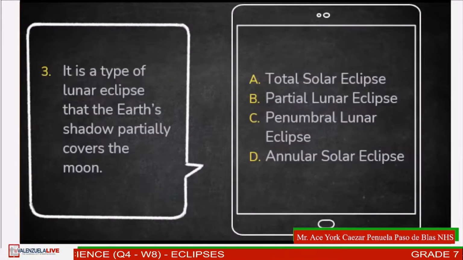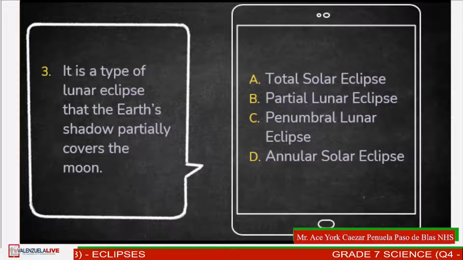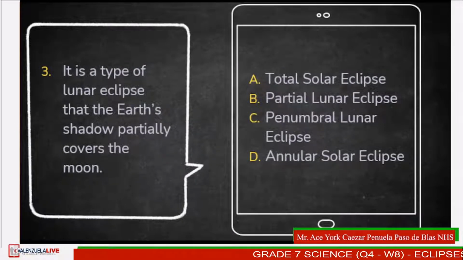Number 3, it is a type of lunar eclipse where the Earth's shadow partially covers the moon. Okay, so the correct answer is letter D, annular solar eclipse.